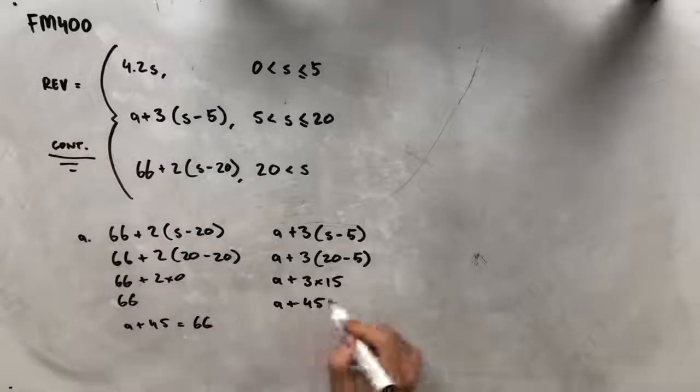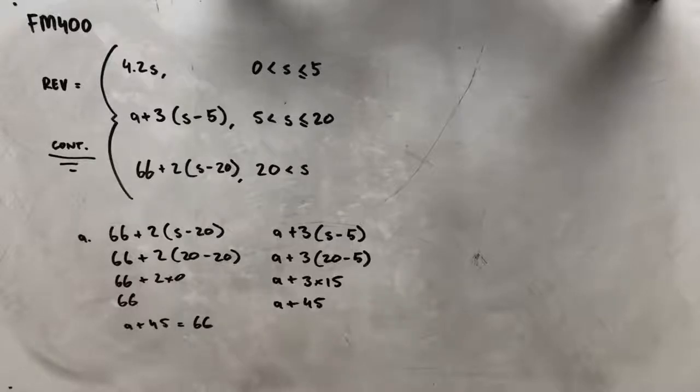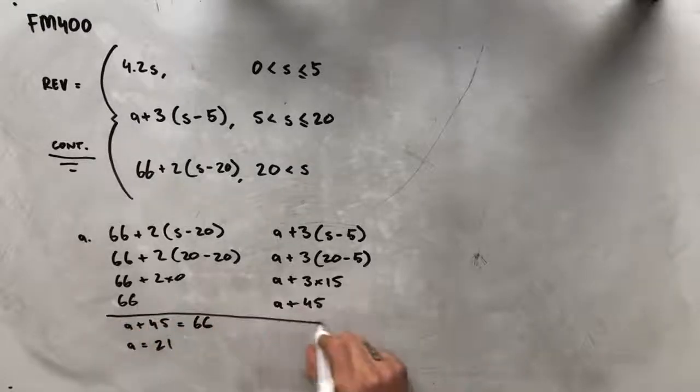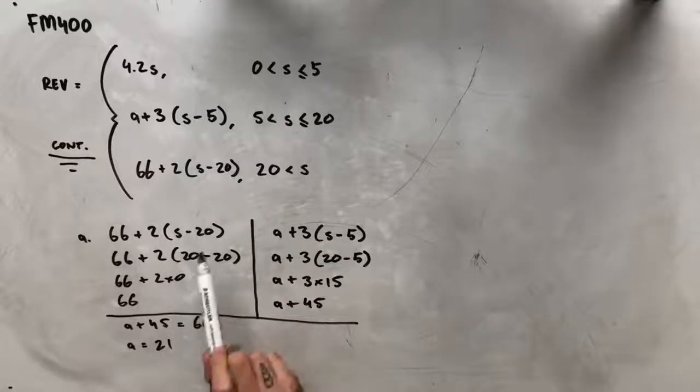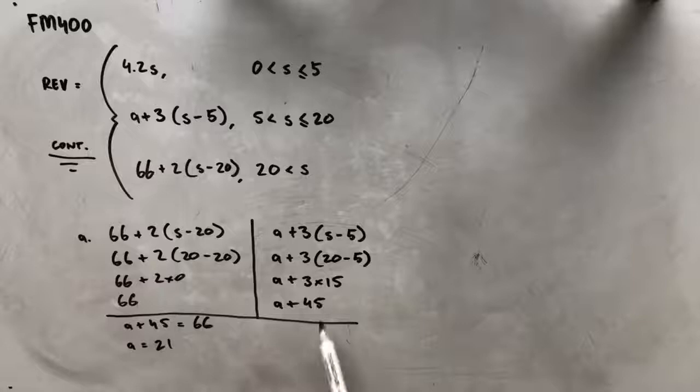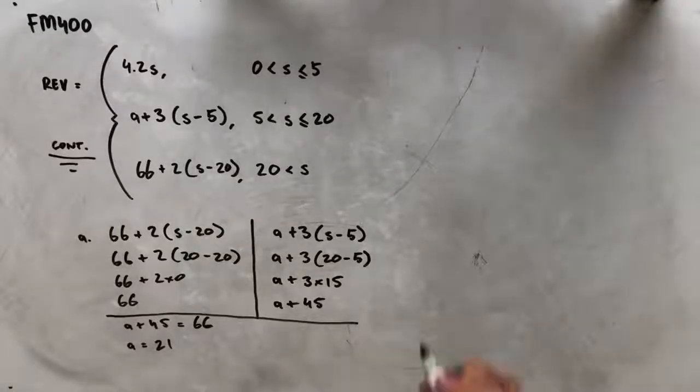Having the same number of succulents should give us the same value. Rearranging this, A is equal to 21, and that's all you need to see there. So we've substituted 20 succulents into each of these equations, and they should give us the same value. 66 should be equal to A plus 45, which means that A must have a value of 21. And that satisfies part A.